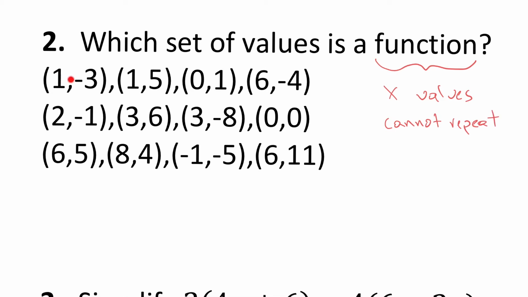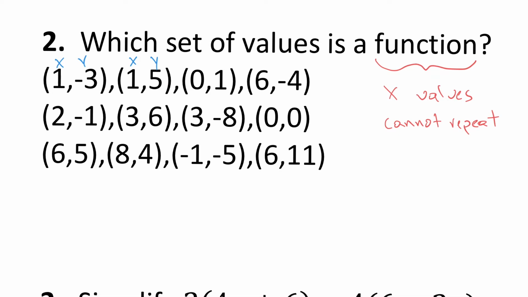I'm going to look at the first set up here. The x value is 1 and the y is negative 3, and the next one is 1 and the y is 5. Notice right there, the x value is repeating. You have a 1 and a 1, so this one is not a function.